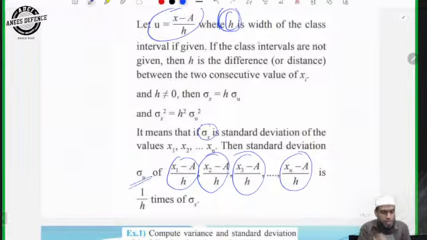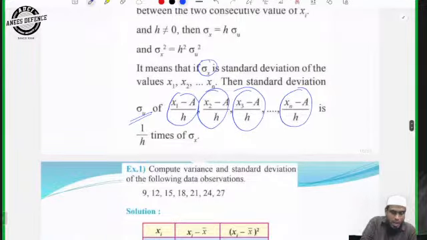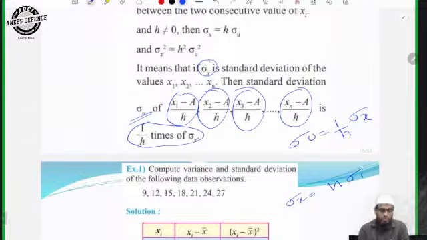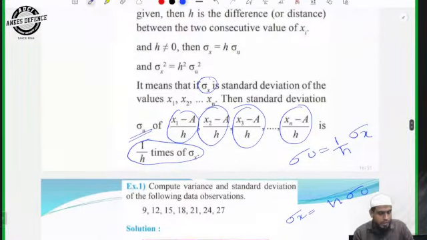Then what is the relation between sigma x and sigma u? Sigma u is equal to 1 by h times sigma x. Or you can say that sigma x is equal to h into sigma u. That is, variance.